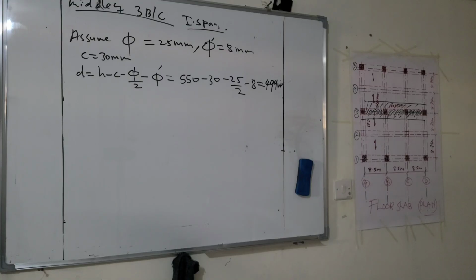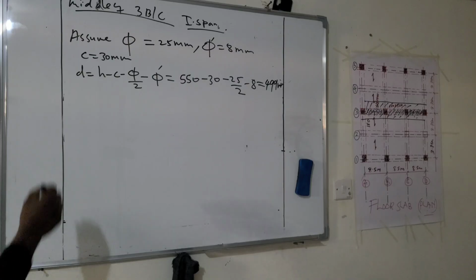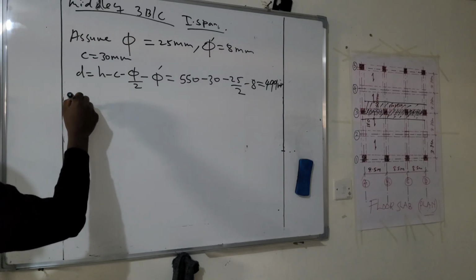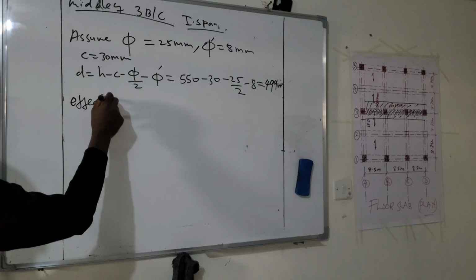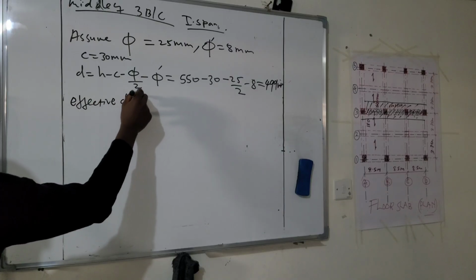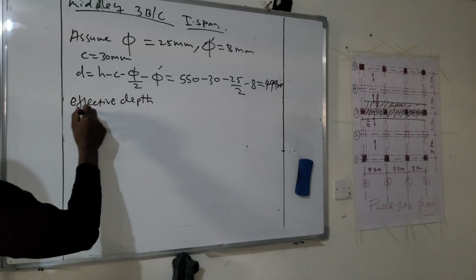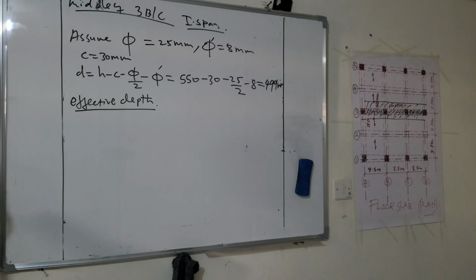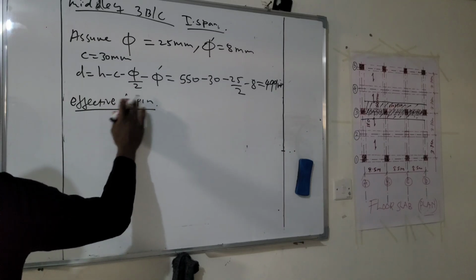So D is equal to 499. And then the effective depth of the beam is lesser. No, effective width, not depth.